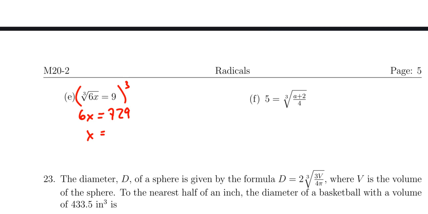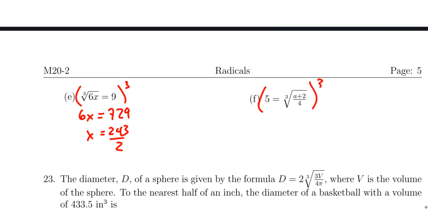Hold on a second, 729 should be 243 over 2. I just want to double check that because I did something really quickly on my calculator, and yeah, okay, that's right. I made a quick button pressing mistake on the calculator. So 243 over 2.